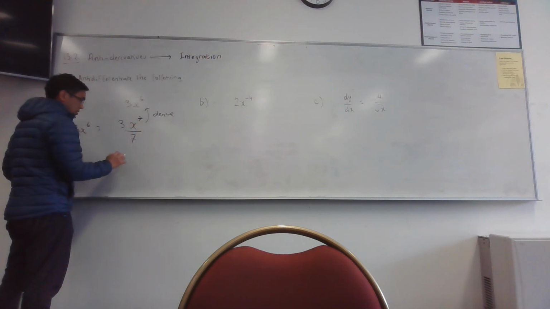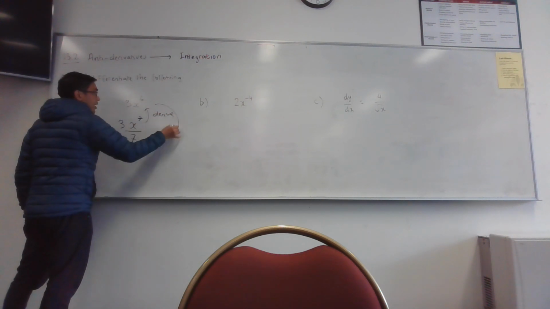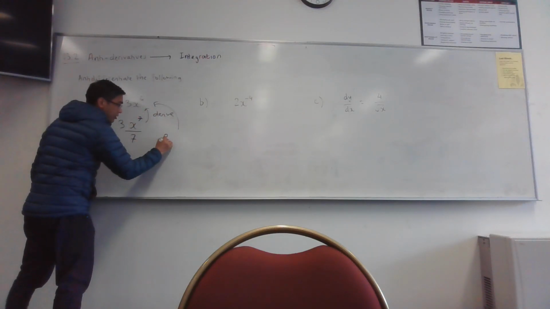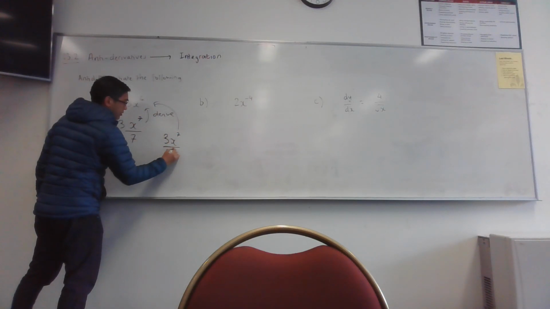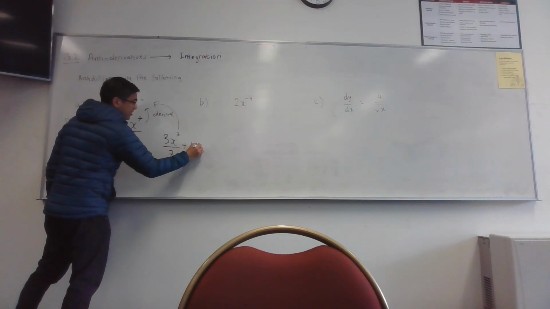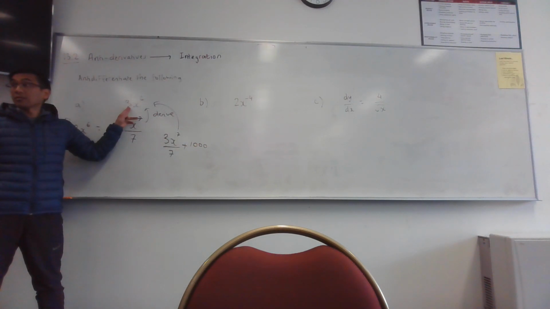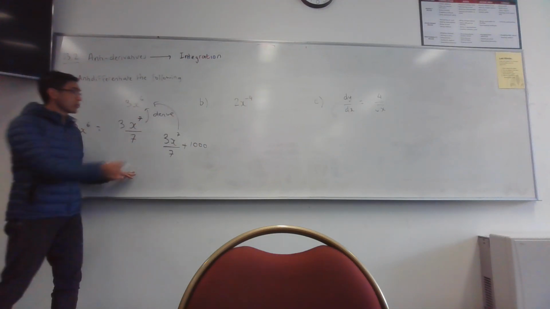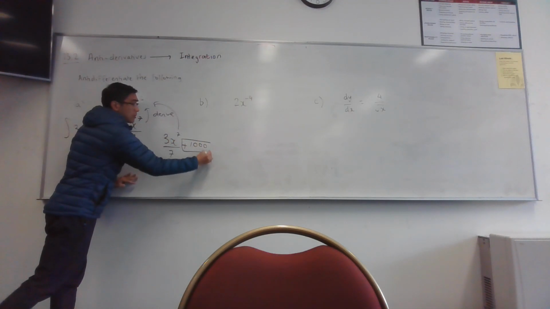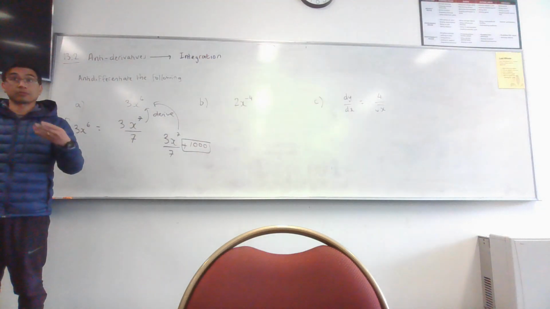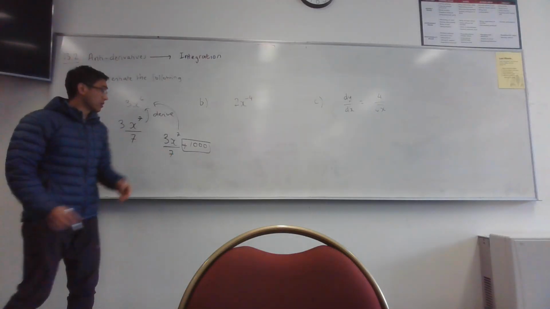There are many ways to get to this 3x^6. Because I could have 3x^7 over 7 plus 1000. If I derive this, will I get back to this? Why? What happens to our constants when we derive them? They disappear.